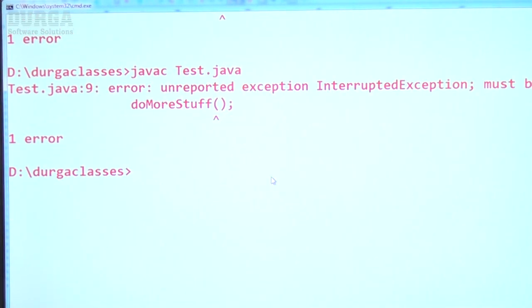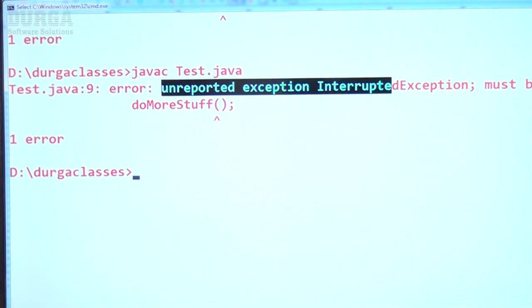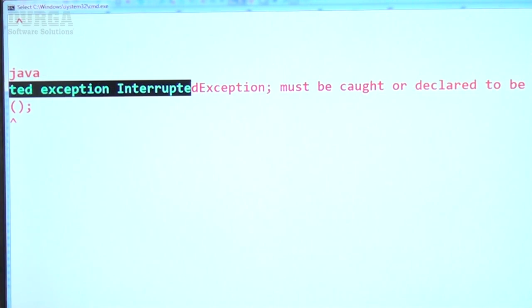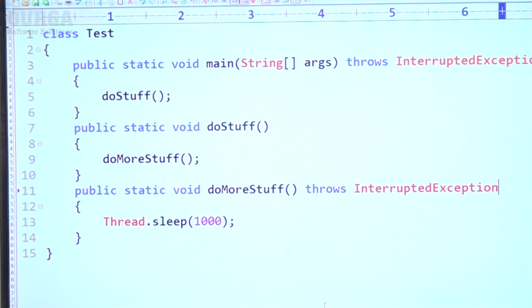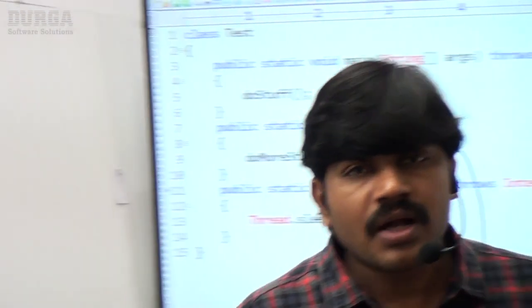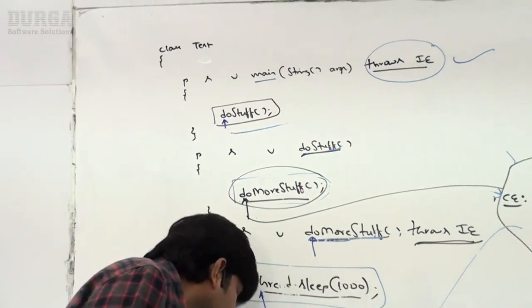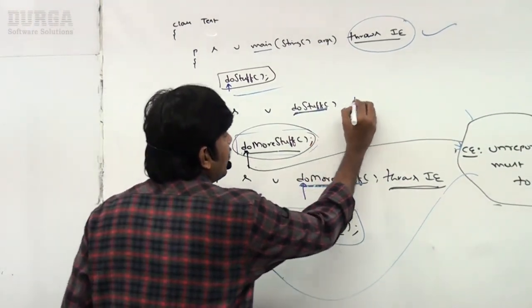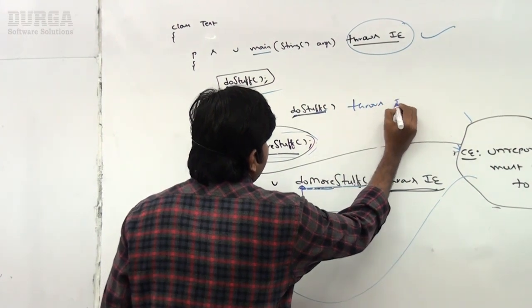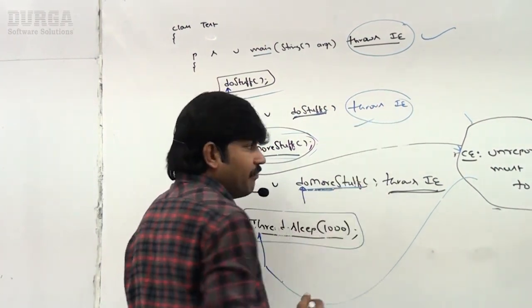Yes, at line number 9, the problem is coming. Unreported exception must be caught or declared to be thrown. Is it clear, right? Okay. So compulsorily doStuff is responsible to delegate that responsibility to the main method. Here throws InterruptedException. Now the code is going to compile fine.